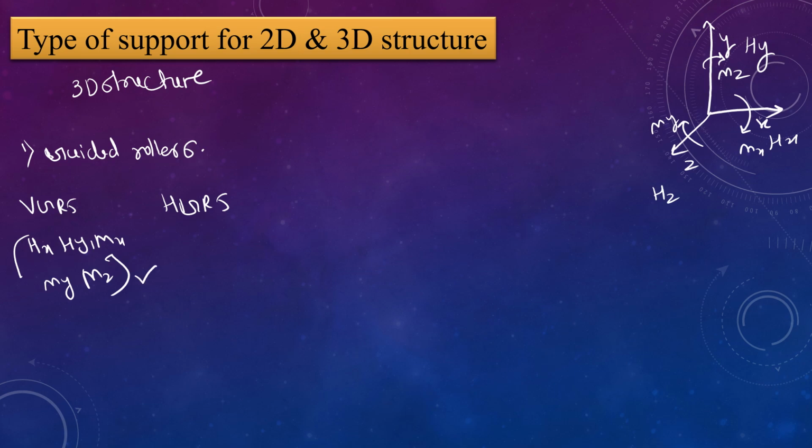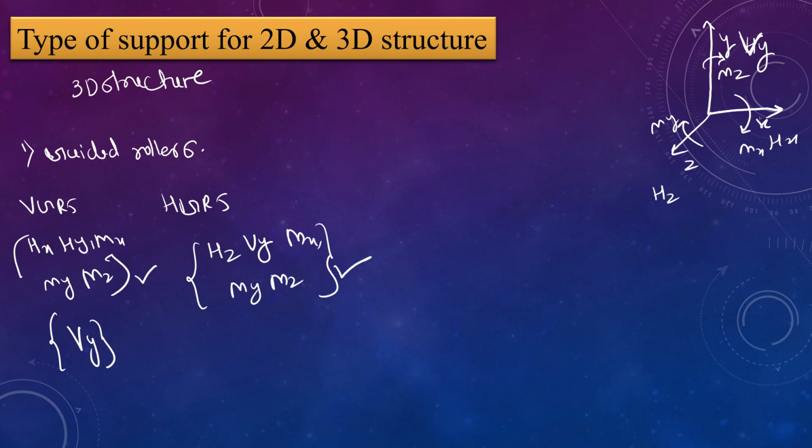And it is allowed in the case of Vy, so correct it to Vy. Then in the case of horizontal guided roller support, the values present are Hz, Vy, then Mx, My and Mz. The value which is not present is Hx, which is allowed in that direction.